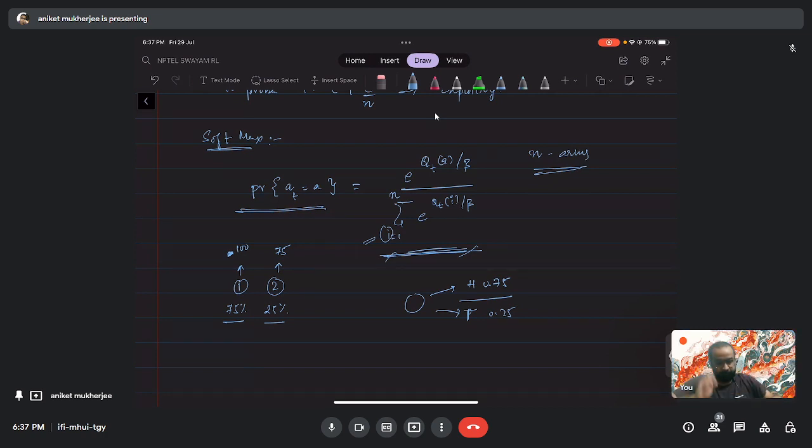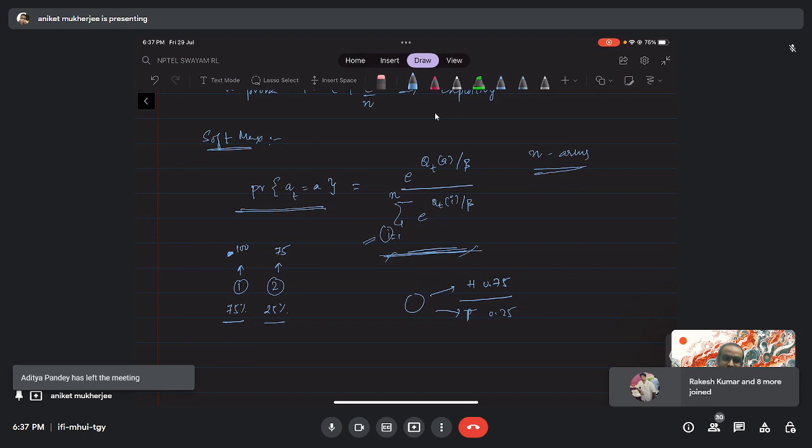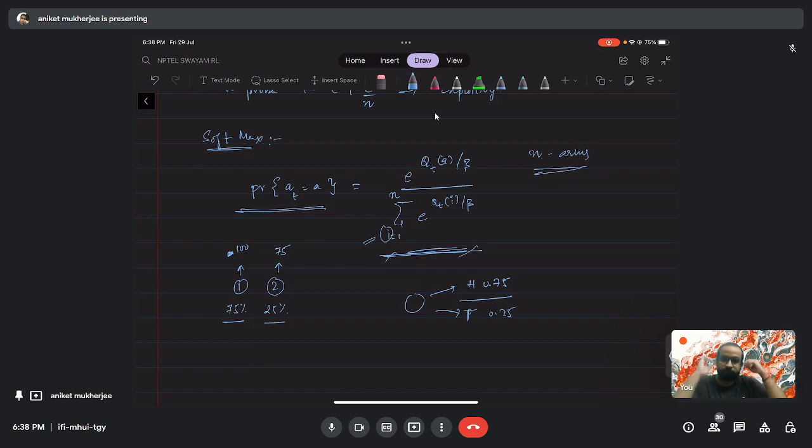Ankit, one question. In the softmax example, one arm got 100 as the Q_t and the second arm got 75. If you substitute this in this formula, you are going to get a value, right?